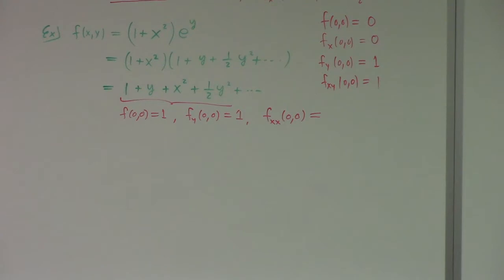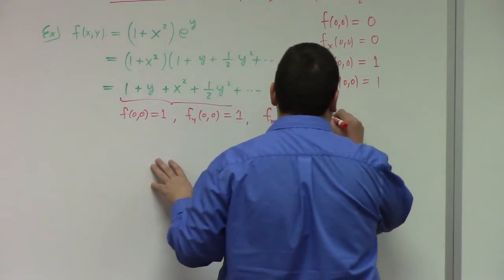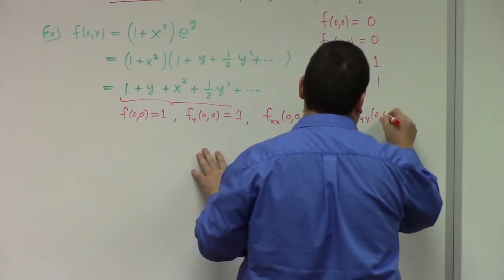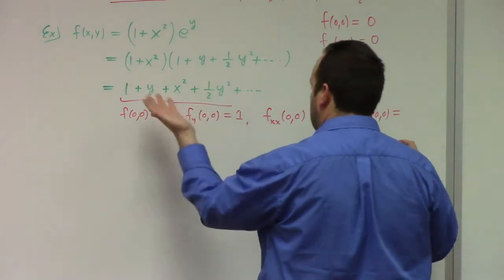The thing I haven't proved yet, this multivariate Taylor expansion, is that there's a half there. So if I have a half times something equal to 1, that something has to be 2. So the xx derivative is 2. And likewise, the f_yy derivative is what? It's 1.